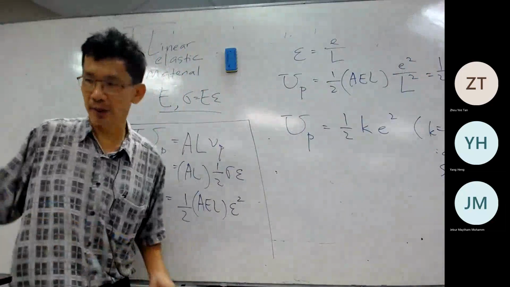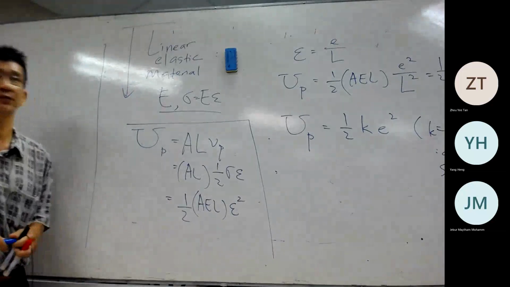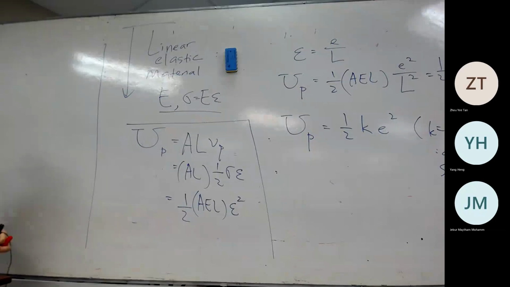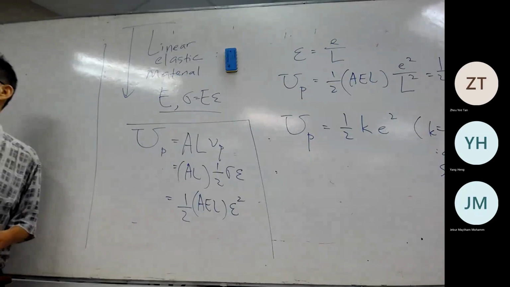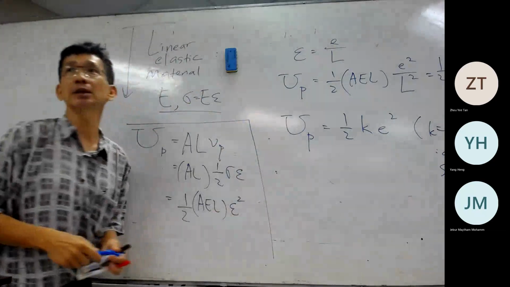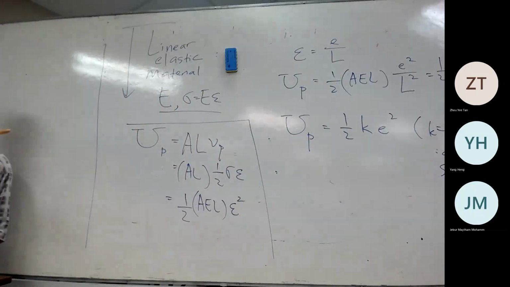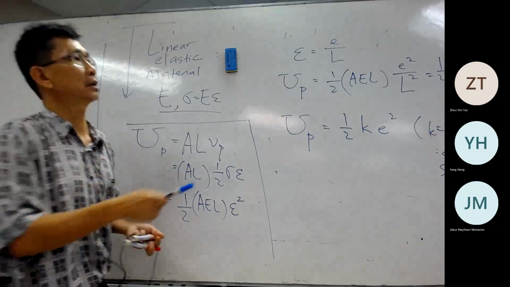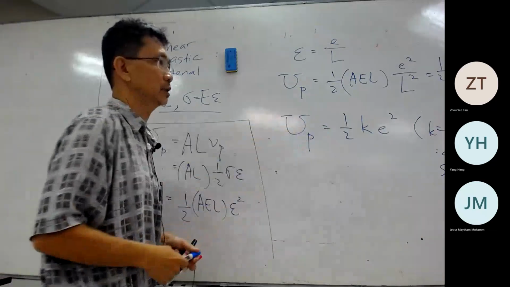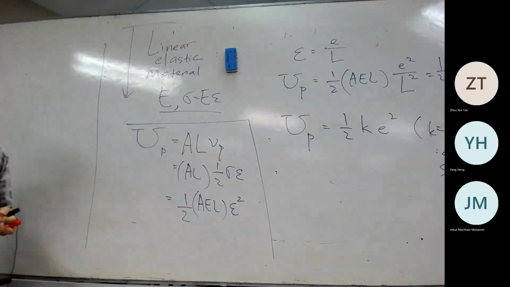So the strain energy of a linear elastic bar is equal to half the spring constant multiplied with elongation squared. If you relate this to a spring, the strain energy in the spring is half K delta squared. It's the same thing, but the spring constant in the bar becomes the axial stiffness, which is EA over L.